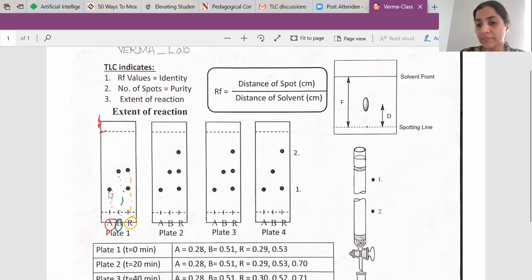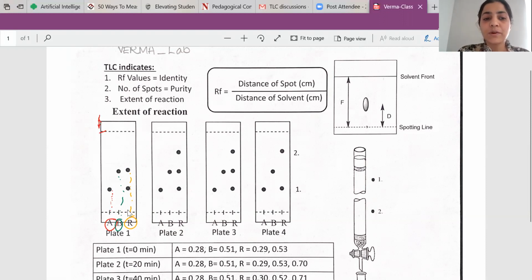Now, if you look at the lane of spot A, how many spots do you see? Only one. What do you conclude by that? Is the sample that you have spotted on A pure or impure? Because we have only one spot, we can certainly say this sample is pure.